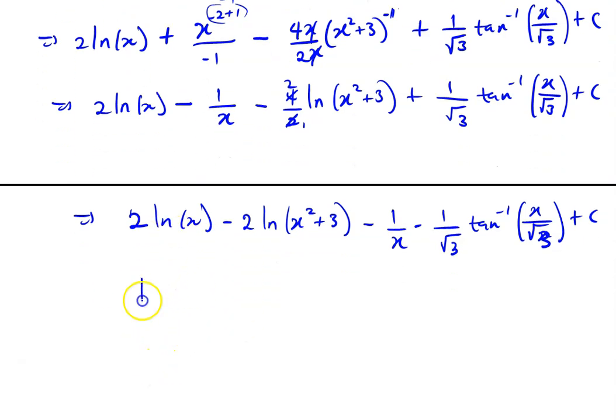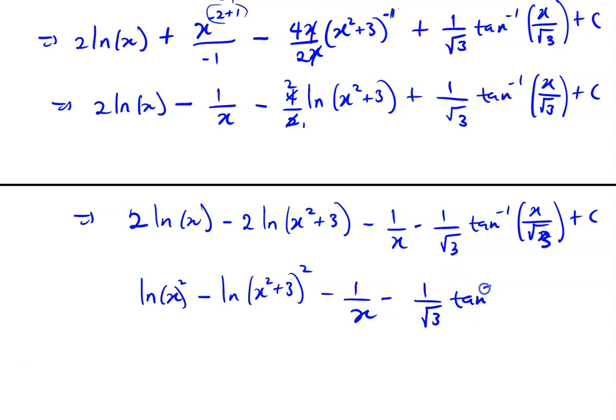You're going to get ln x squared, right, minus ln x squared plus 3, where the 2 will be an exponent, squared, minus 1 on x minus 1 on root 3 tan inverse of x on root 3 plus c.